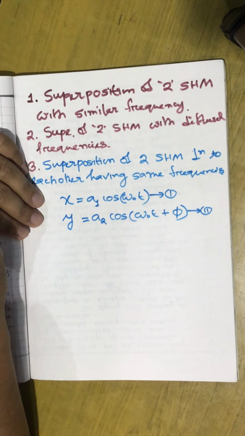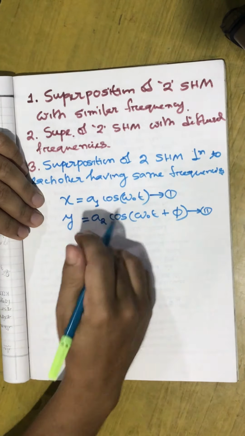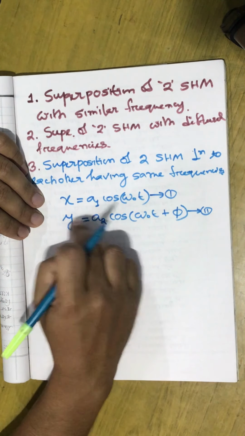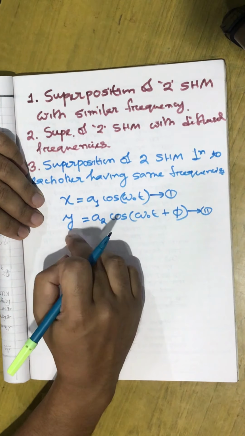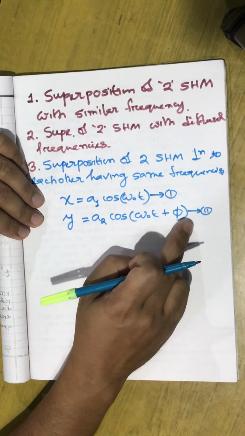First, let's see the second expression, y is equal to a2 cos of omega naught t plus phi.